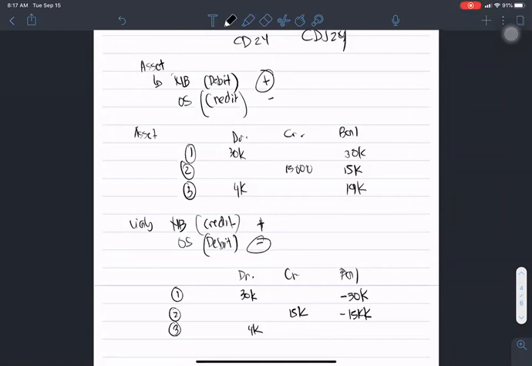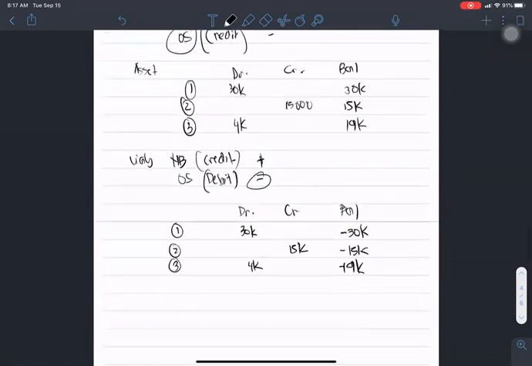So negative 15 plus negative 4 will give you negative 19. So we have here negative 19,000. Okay, so that's how you will compute your balances in the ledger. So again, just follow whether it has the normal balance or the other side. Normal balance is increase, other side is decrease.